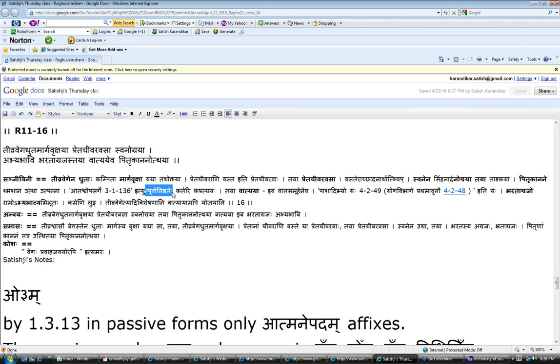Kartarika pratyaya: he made sure that you understand this is 3.1.136 and not 3.3.106. And then he says taya, by that, he puts it back into this Tritiya Bhakti for the shloka. Then Vatyaya iva. So this iva is now the upama.